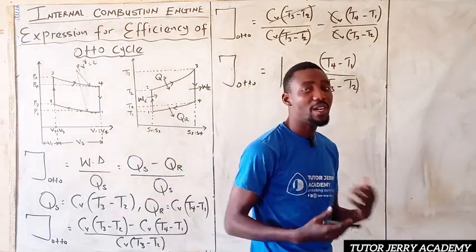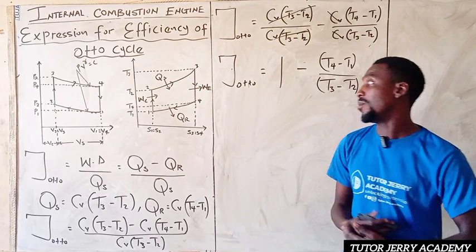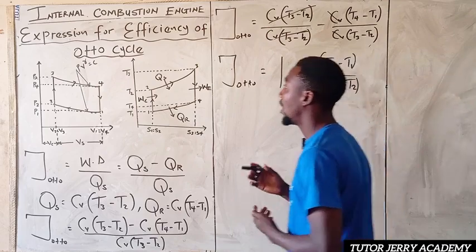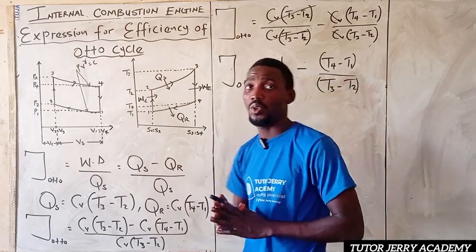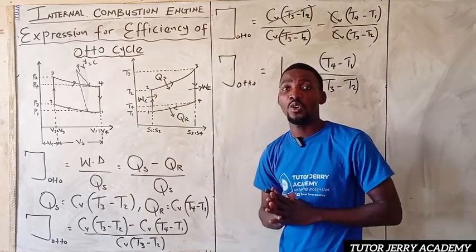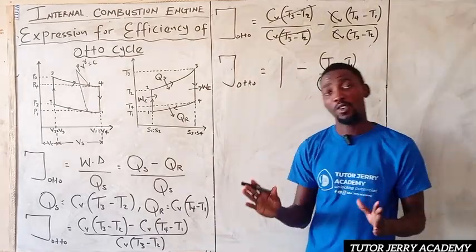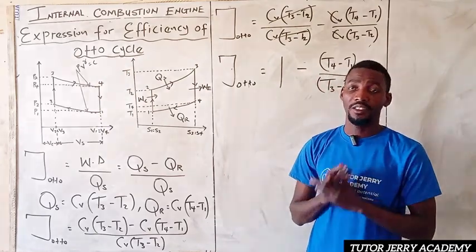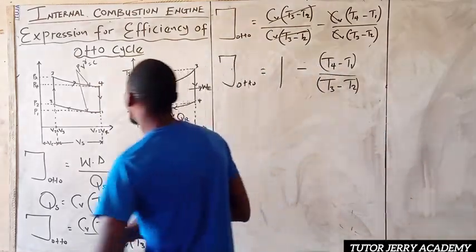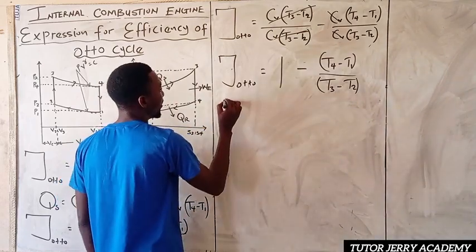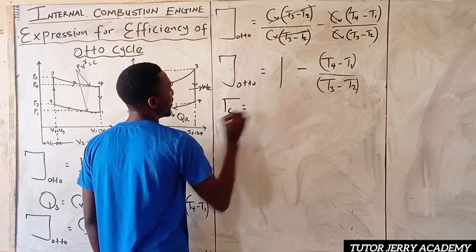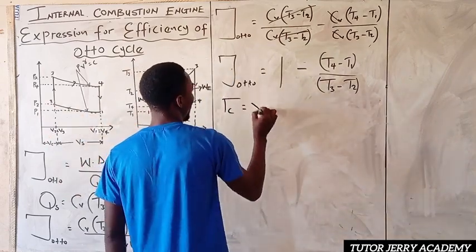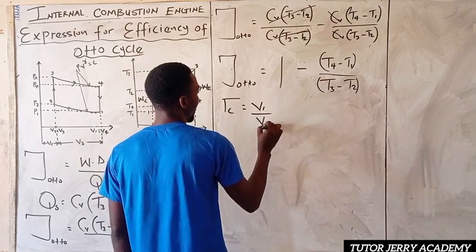So we can still further modify this formula. But before we do that, you are going to note that we have compression ratio, we have expansion ratio. Of course, compression ratio is also the same thing as expansion ratio. All right. So our compression ratio is denoted with this, which is equals to V1 all over V2.